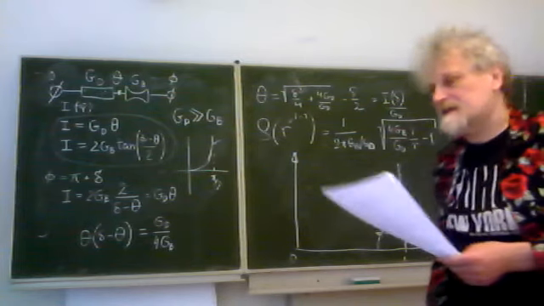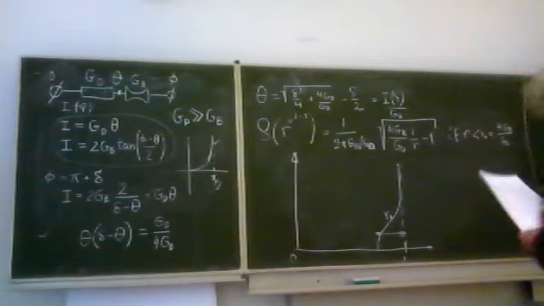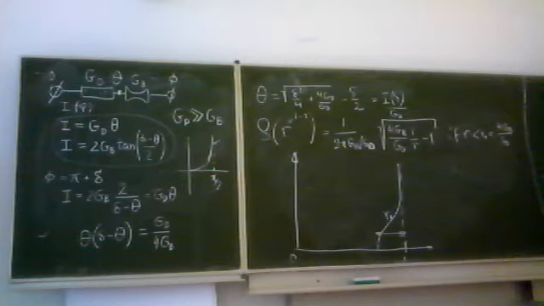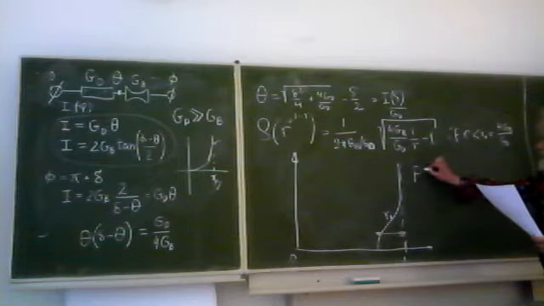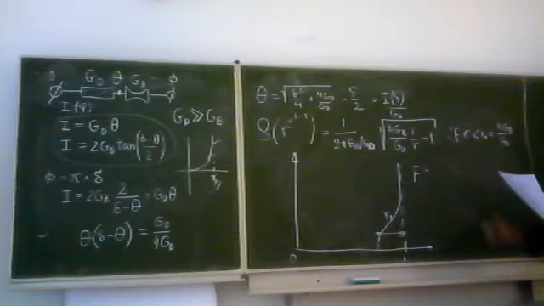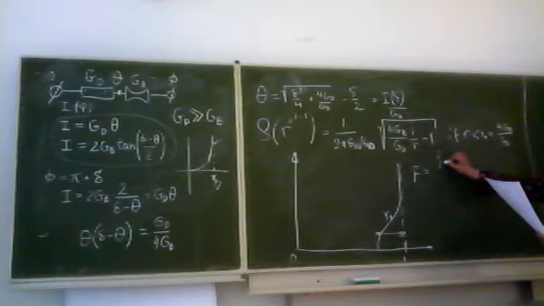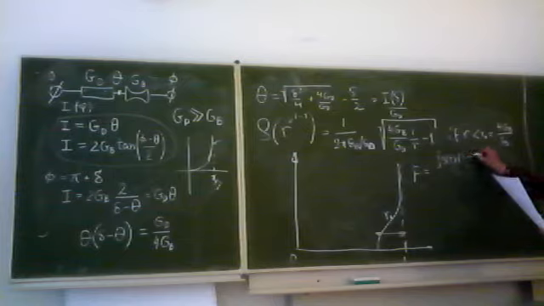Then the last task is to compute the Fano factor, which is by definition the average of t(1-t).